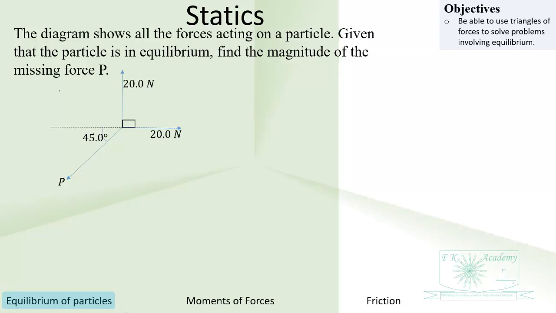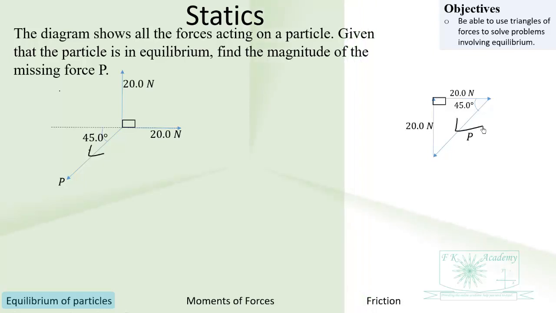The diagram shows all the forces acting on a particle. Given that the particle is in equilibrium, find the magnitude of the missing force. So we are going to draw these forces tip to tail. Now let's do that, and that will form a triangle for us. So this is the P, you can see it here.